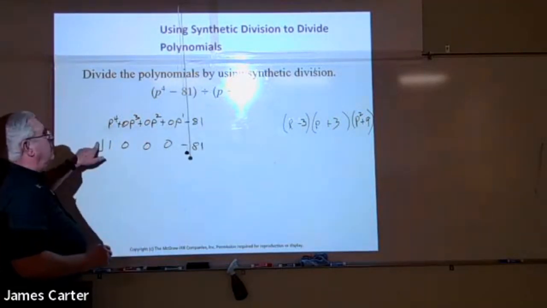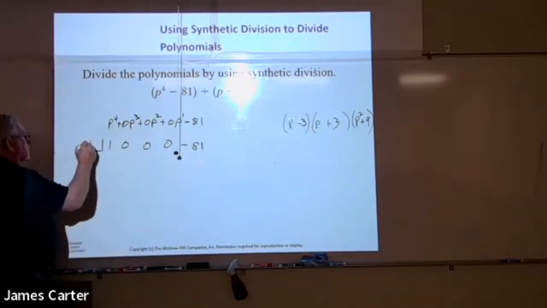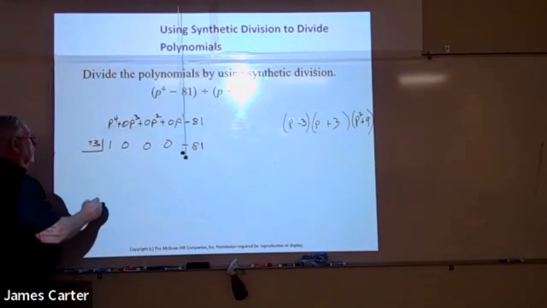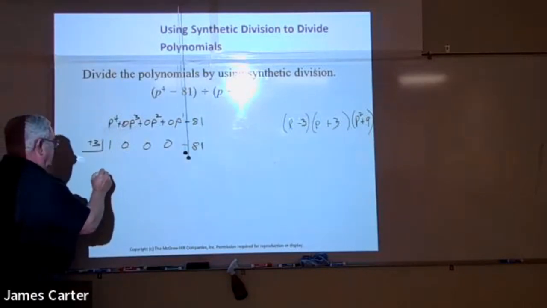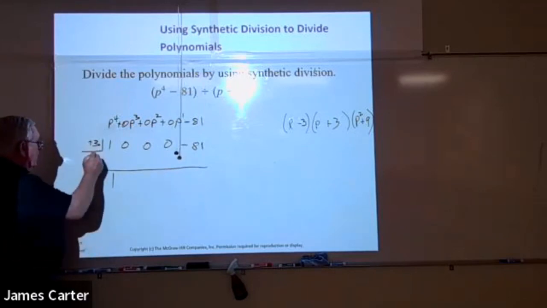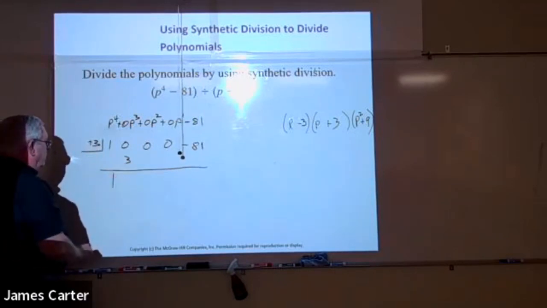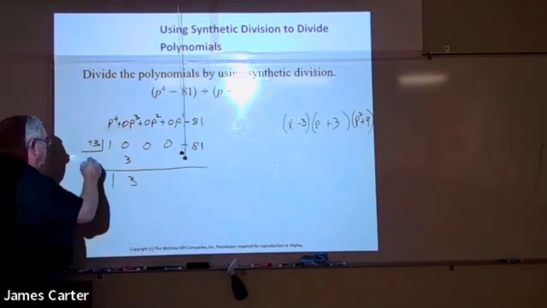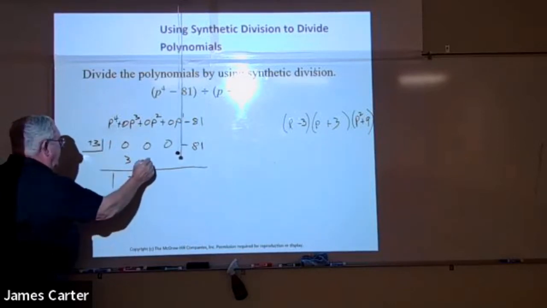What am I going to divide by? Positive 3. Okay. So I bring down the 1, multiply and get a 3. Add these 2 and I get a 3. Multiply and I get a 9.